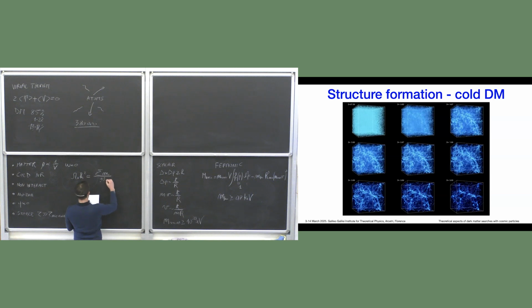The relic density for the neutrino is given by this equation, where this is the sum of the masses of the different families of neutrinos. From different experiments, we know that this number should be smaller than roughly 0.1 electron volt. So if you plug in the number here, you find a relic density of neutrinos that is basically 0.001.